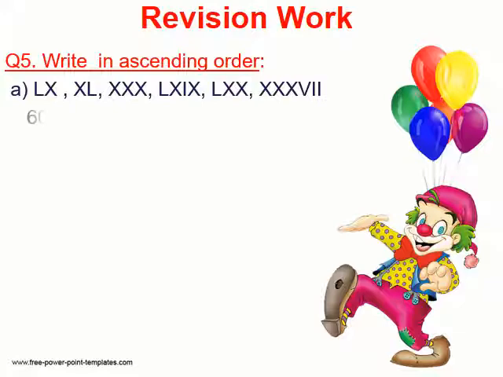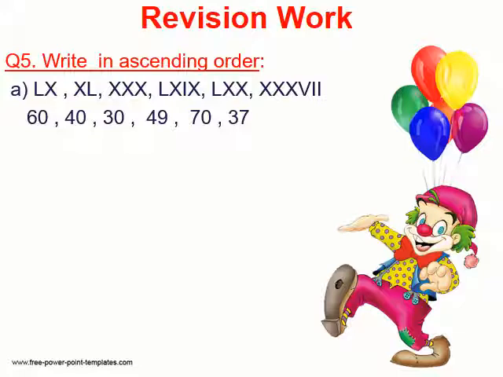The value of LX is 60, the value of XL is 40, the value of XXX is 30, the value of LXIX is 49, the value of LXX is 70, and the value of XXXVII is 37. So now children, it is very obvious that the Roman numeral XXX is the smallest one.